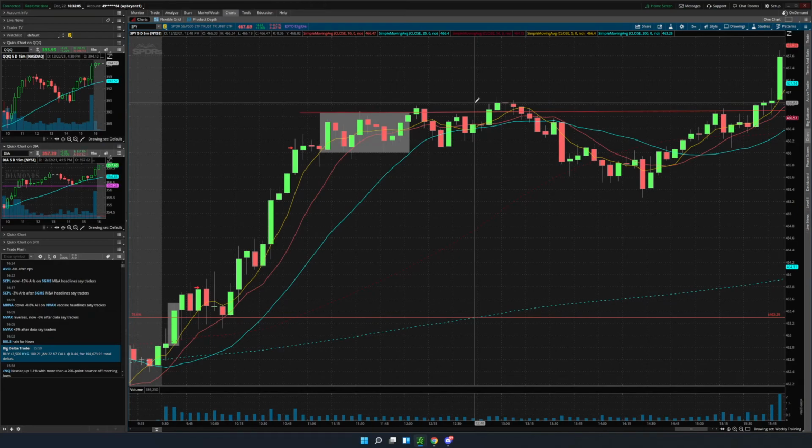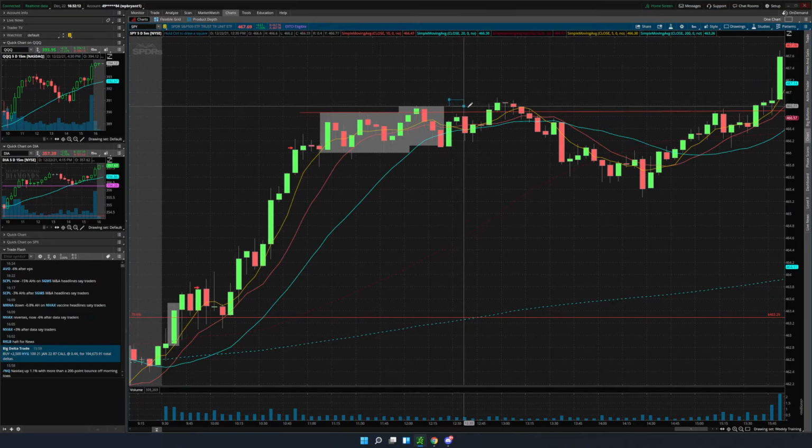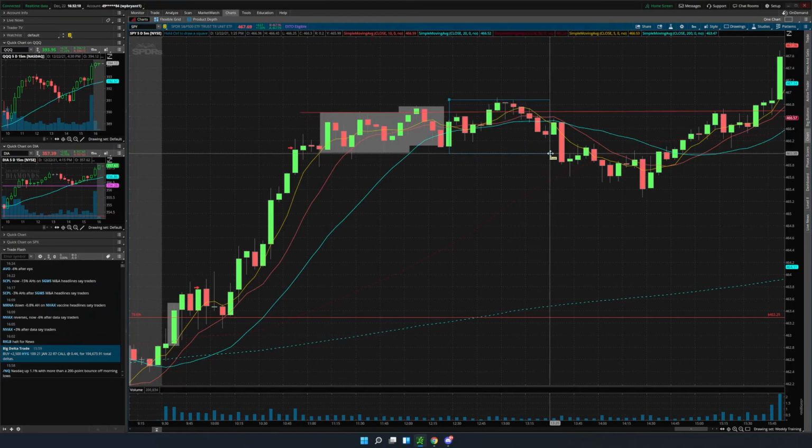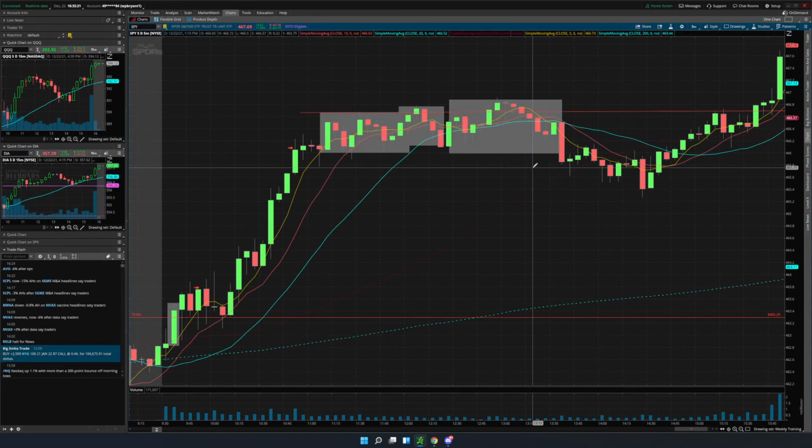Okay, so we got a head and we got a shoulder. And that shoulder, I guess, could be relaxed on out to there, right? Shoulder, head, shoulder, and you can see it broke.